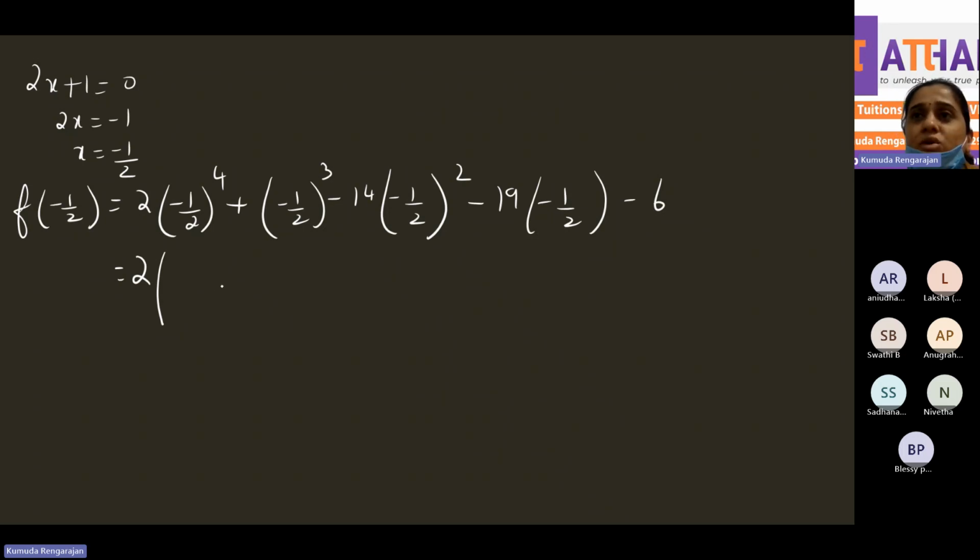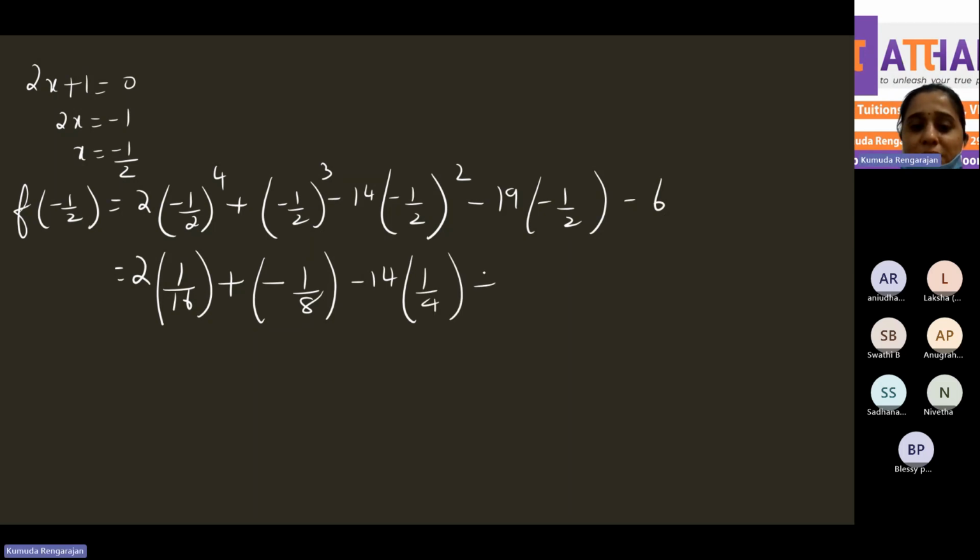And minus taken 4 times is positive. So 1 by 16 plus minus 1 by 2, minus 1 by 2, minus 1 by 2, minus taken 3 times, minus and 1 by 8. Then minus 14 into minus 1 by 2 the whole square, positive 1 by 4, plus 19 by 2 minus 6.